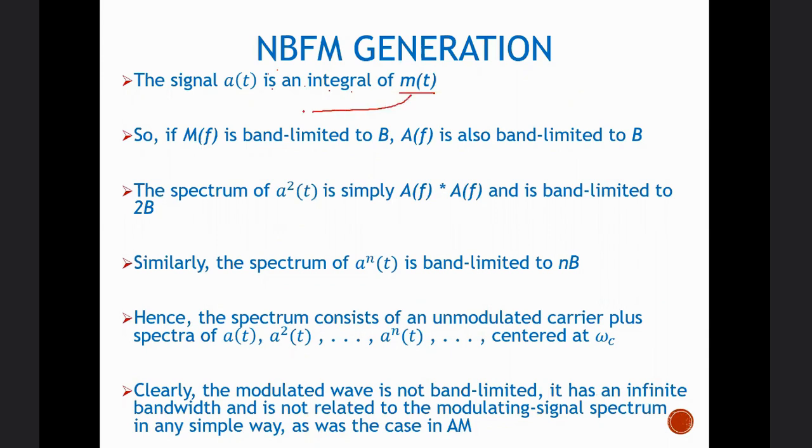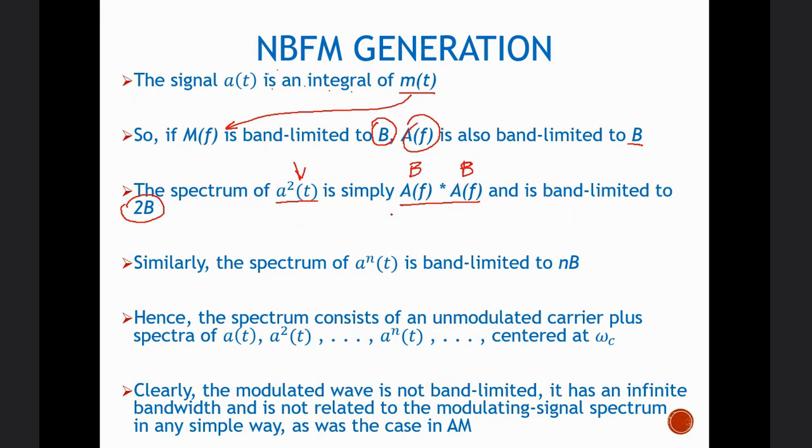So if M(f), which is the Fourier transform of m(t), is band limited to B, the integral property of Fourier transform tells us that A(f) would also be band limited to B. So the spectrum of a squared(t), because we have multiplication in the time domain, so in the frequency domain we will have convolution, would be band limited to 2B, because convolution of this, which has a bandwidth of B, with this term, which has a bandwidth of B, would be equal to 2B, right?